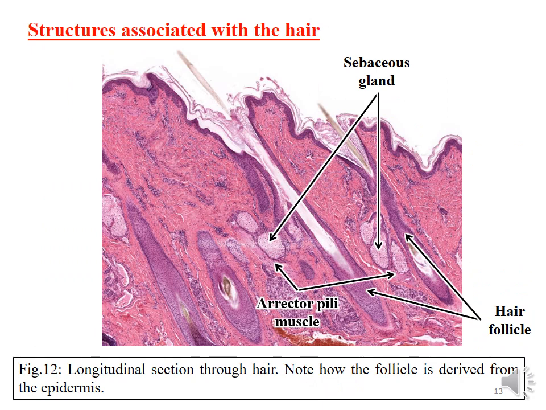If we look at this longitudinal section through the hair, notice here we have the epidermis. Now here we have the hair follicle. Notice how the hair follicle is a downward projection of the epidermis, so it is derived from the epidermis. Associated with the hair, we have sebaceous glands.